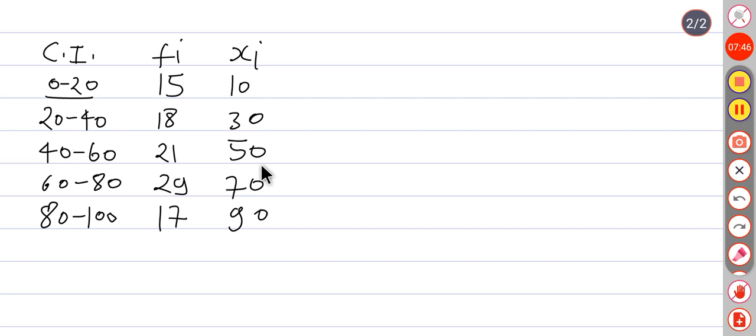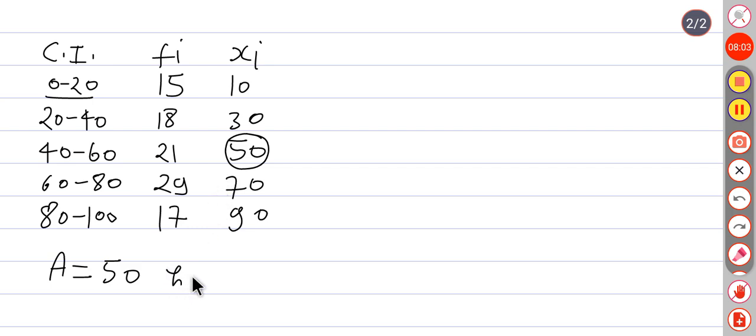Now you have to select the assumed mean. I am taking the assumed mean A as 50. Basically it is taken from the middle.